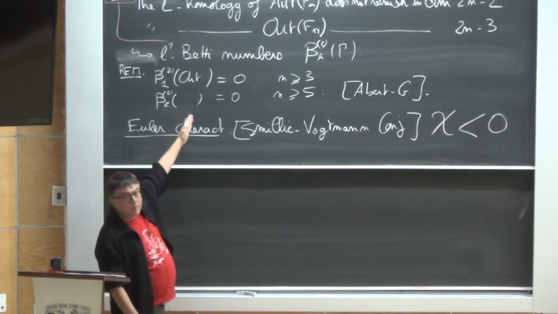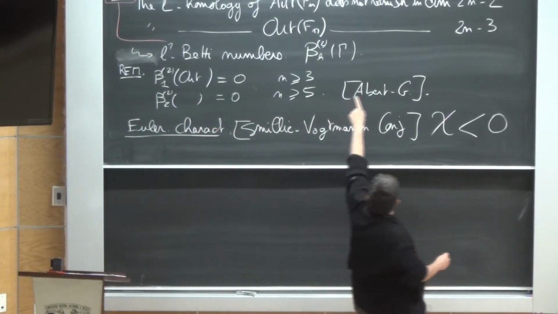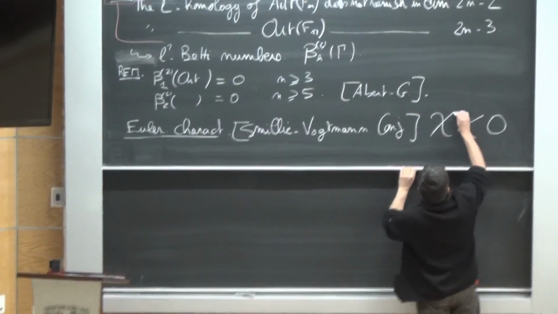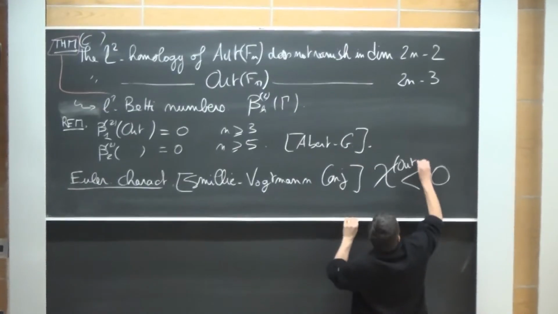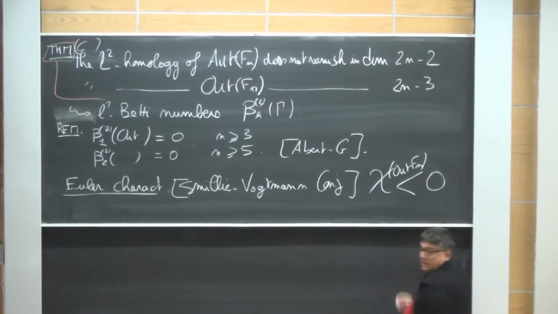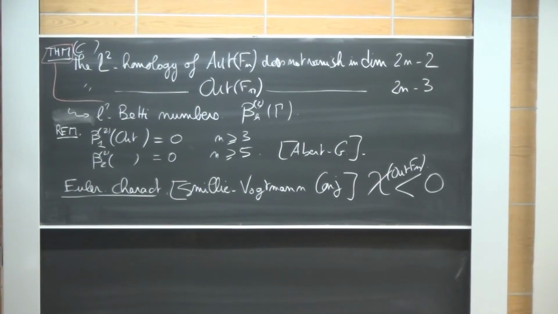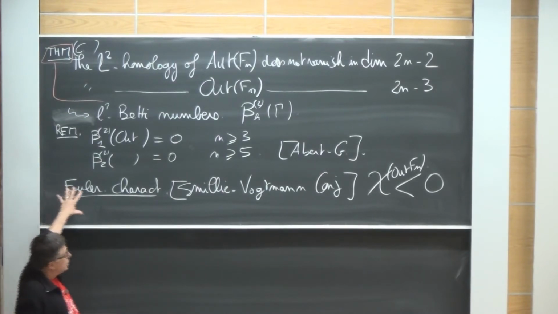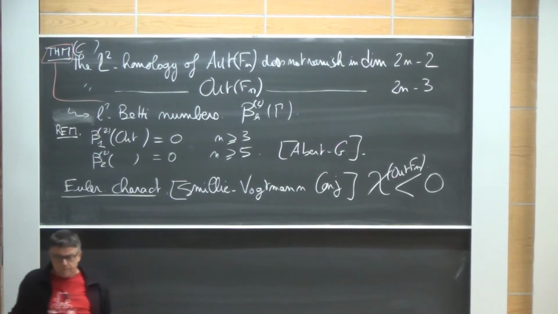This goes in the same direction. Observe that 2n minus 3 is odd. So if you take the alternating sum, my conjecture indeed is that all the L2 Betti numbers are 0 except the top dimensional one. And all of this goes in the same direction.